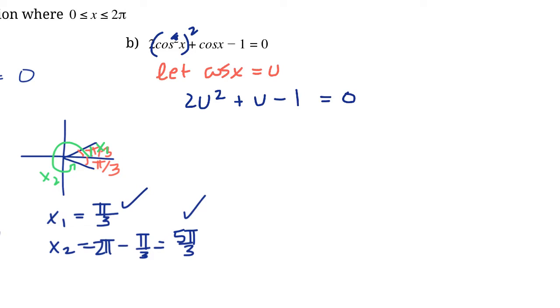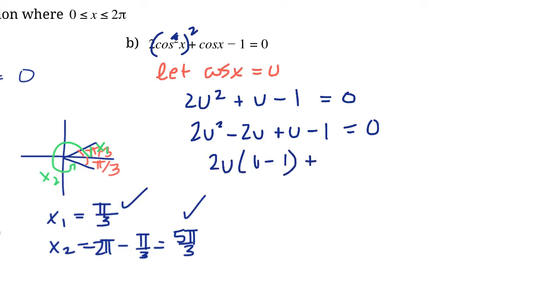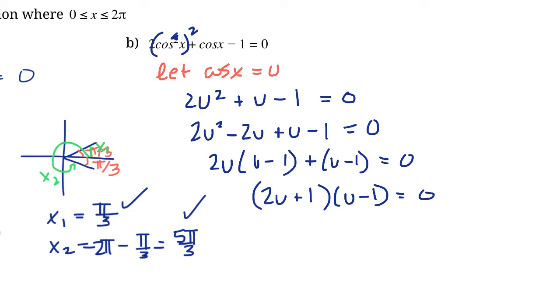Using a little bit of decomposition, you should realize our product and sum are going to give us 2u squared minus u plus 2u minus 1 equals 0. And then we factor by grouping: u(2u minus 1) plus 1(2u minus 1)... so our final factored form would be 2u plus 1, u minus 1 equals 0.